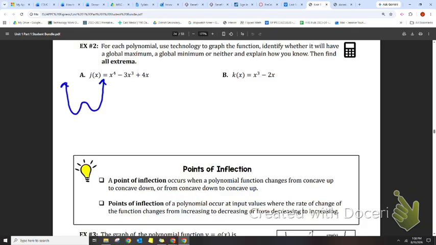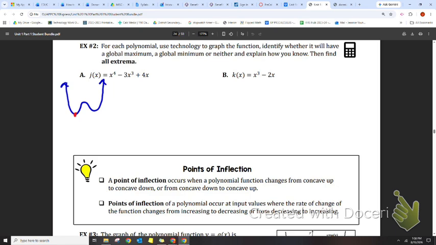So do I have a global maximum? Do I have a very top point of this graph? I do not. Do I have a global minimum? A very bottom point of this graph? I do. And it's right there. Now, using your calculator, you look at it and it's not an exact pretty point. So I can't just say, oh, that's at -2, -1 or something like that.